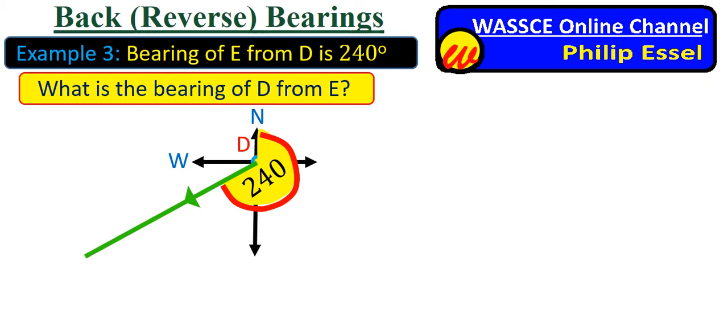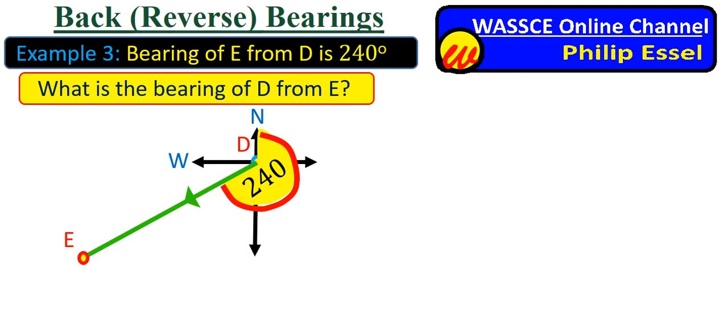The arrow line would have to meet the destination point, that is the point E. We are done with the first part of the question. We've been able to draw the bearing of the point E from the point D, and it is 240 degrees.